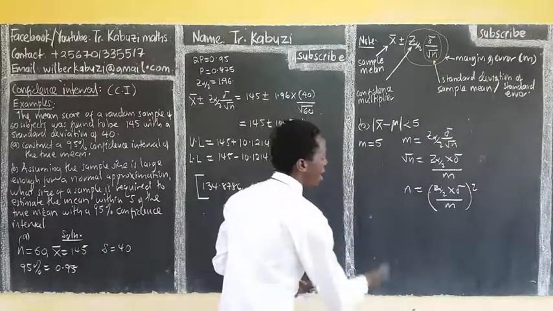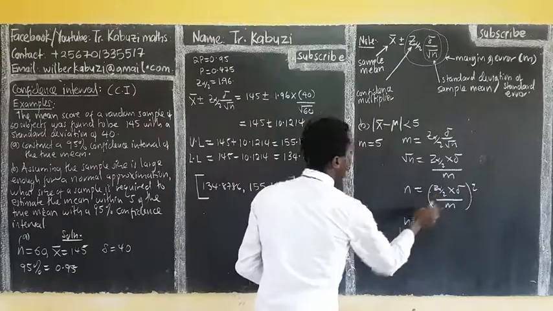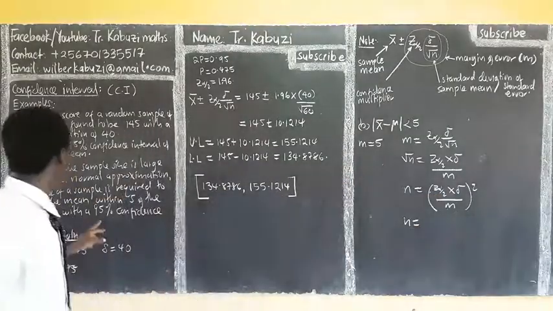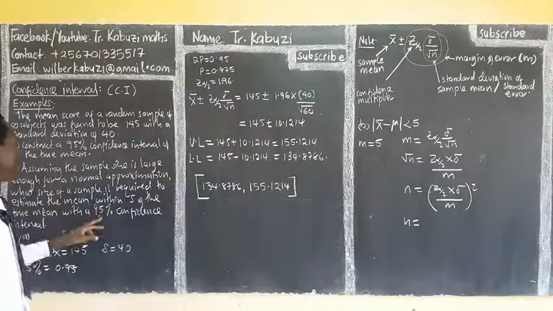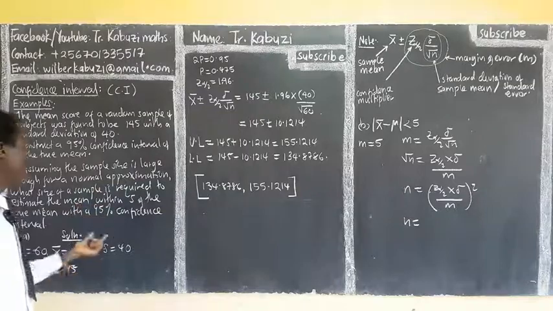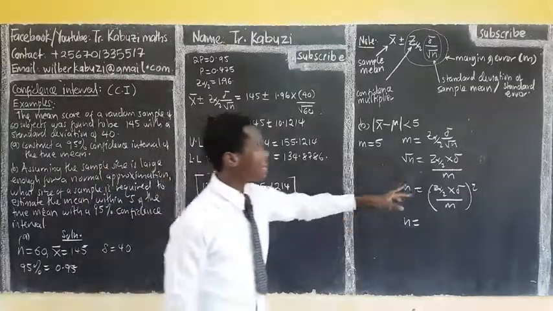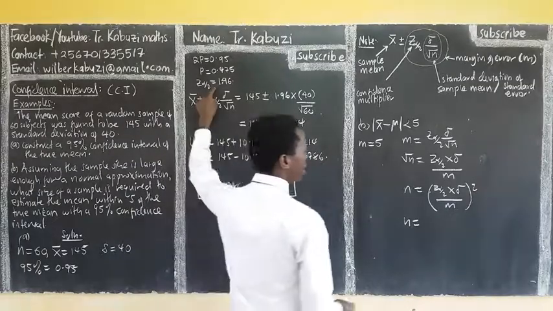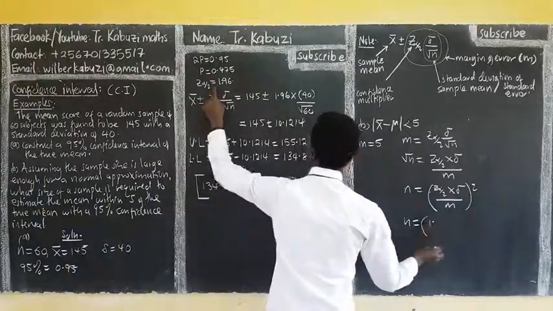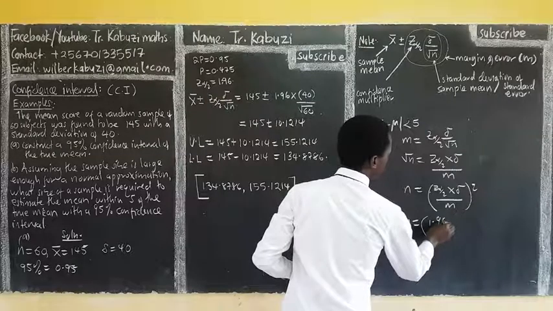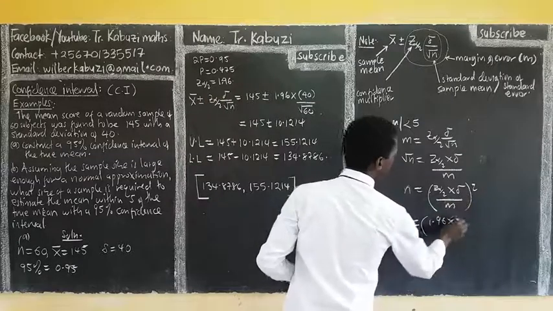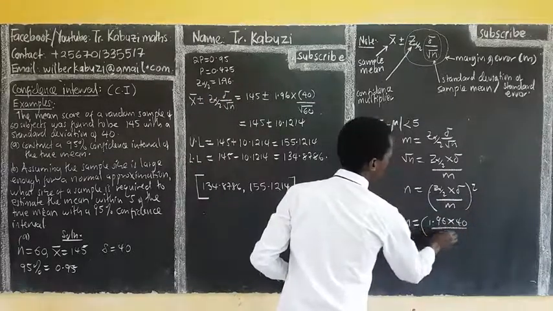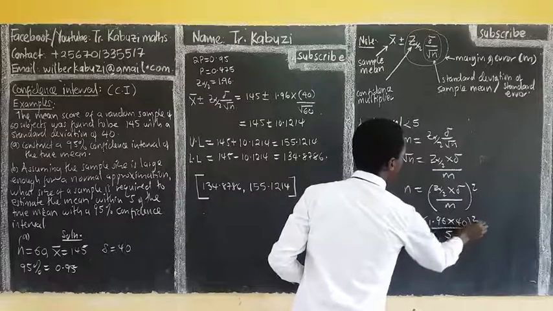So from here, our n now will be substituted. It's the same confidence, 95, but we have covered already that if they say 96 or 99, then you calculate again. But good enough, they use the same. So our z alpha over 2 is 1.96 times our 40, the whole over 5, then we square.